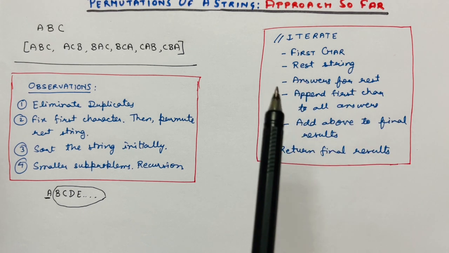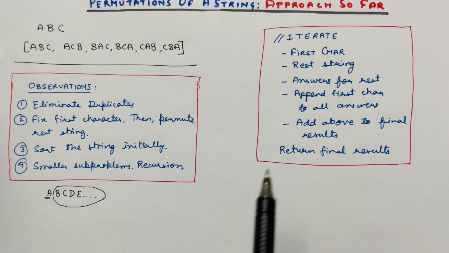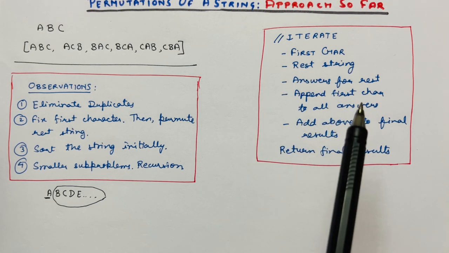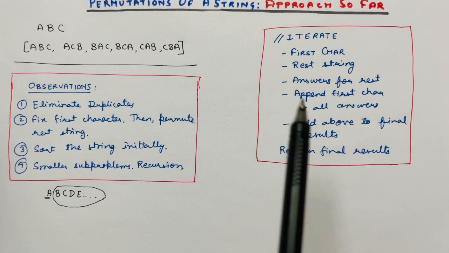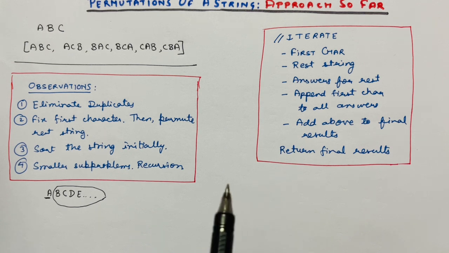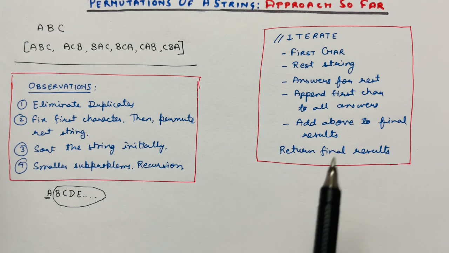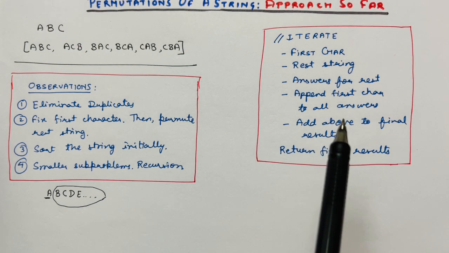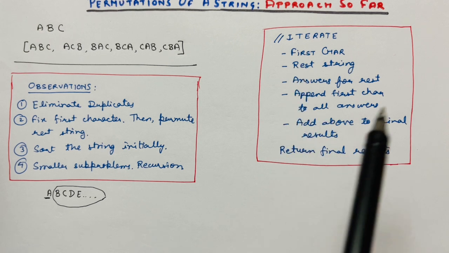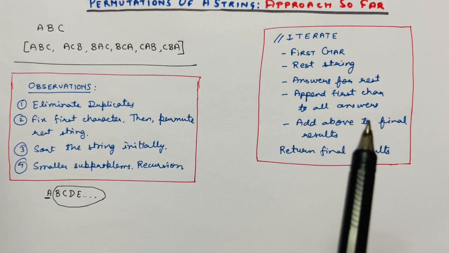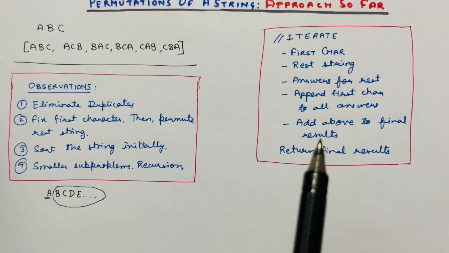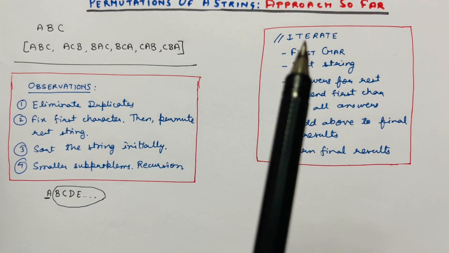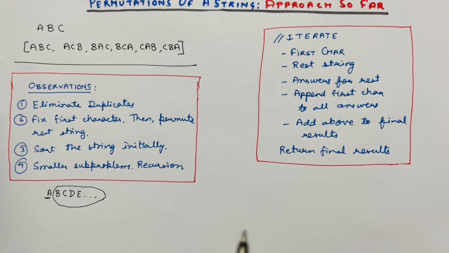Then we have to figure out the answers for the rest of the string. How will we figure this out? We'll make a recursive call because it's the same input-output problem. So we'll figure out the answers for the rest of the string. Then once we get all the answers, we'll append this first character to all the answers to get all the permutations where the first character is this one.